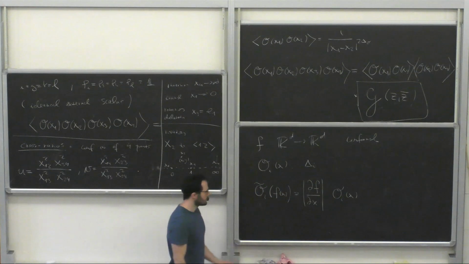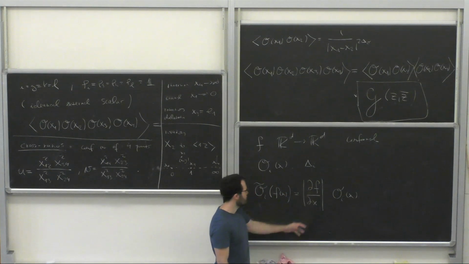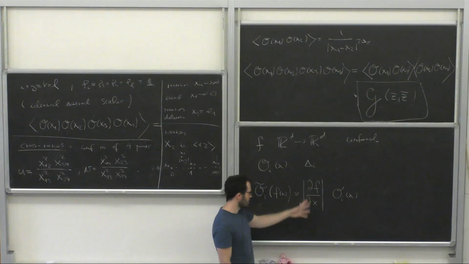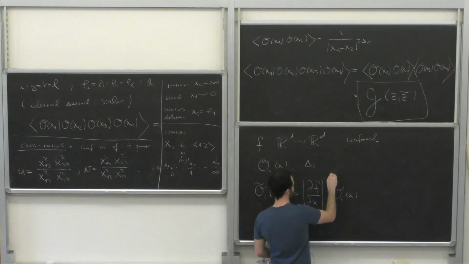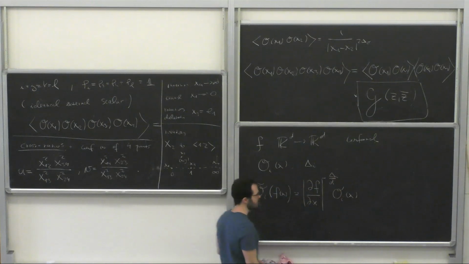So we have to take the conformal map, compute the Jacobian of first derivatives, and put it to the power minus delta_i over d.